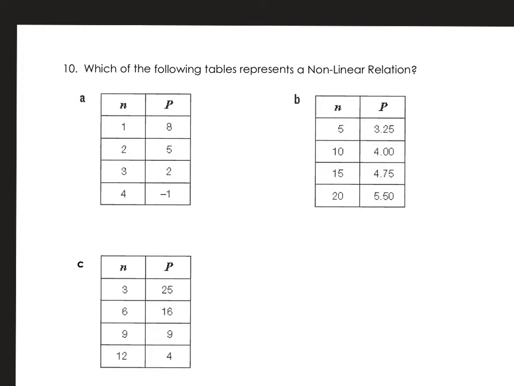For me to examine that, I'm going to calculate finite differences, which means I'm going to determine my slope. For me to go from 1 to 2 means I went up 1. Well, I notice that in my n column, I'm always going up 1. I am moving for consecutive values of n. Now I look at my p column and I notice that I went down 3, and down 3, and down 3.